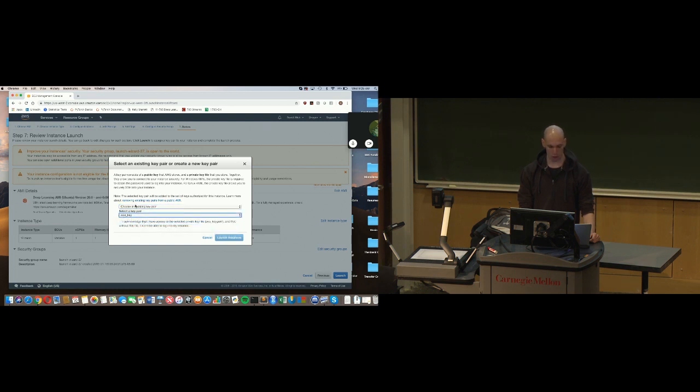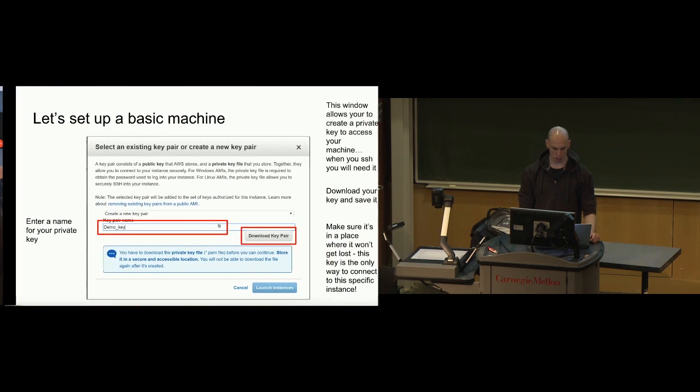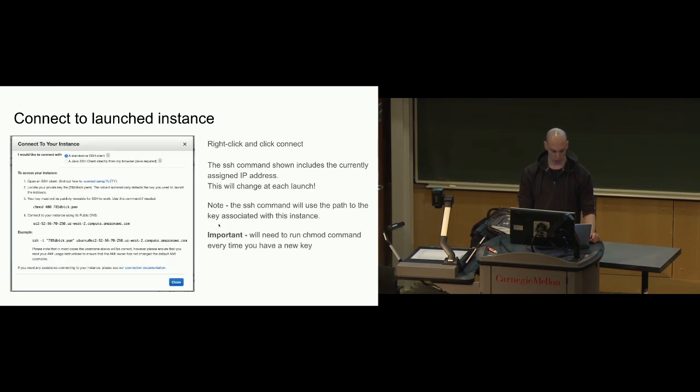So this is how you choose an existing key pair. If you create a new one, you just name it and then download it. And once you download it, this is how you'll connect to an instance. Once you have your key pair, you have to run this command from terminal in order to give the correct security access to your key.